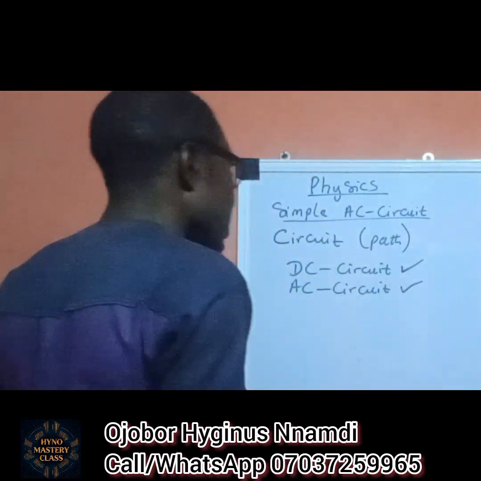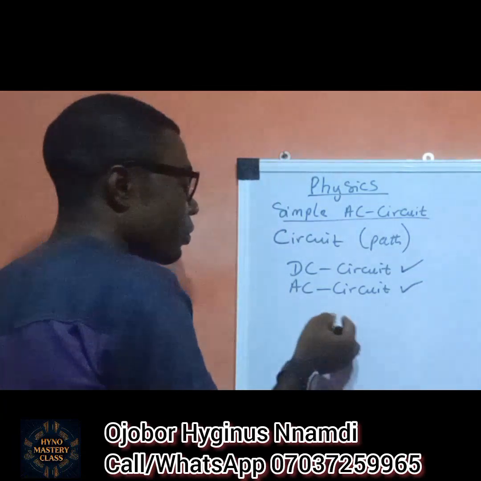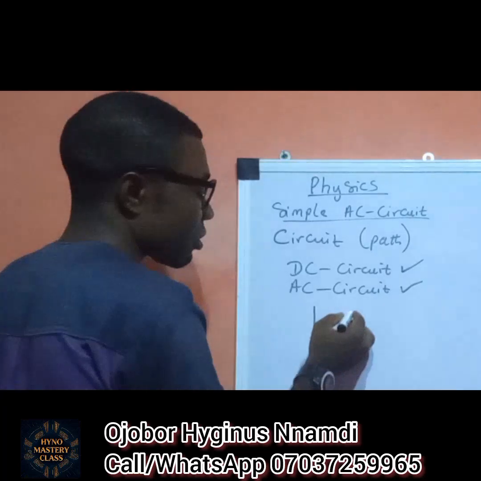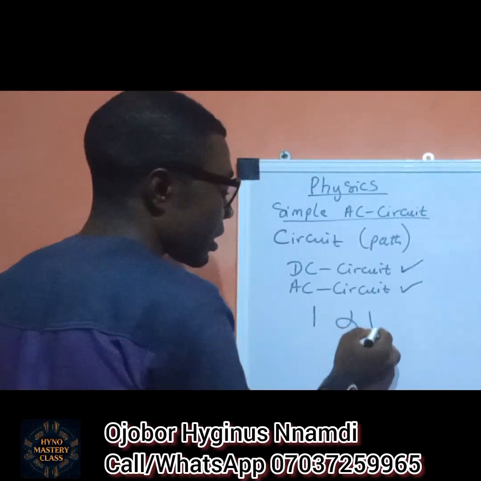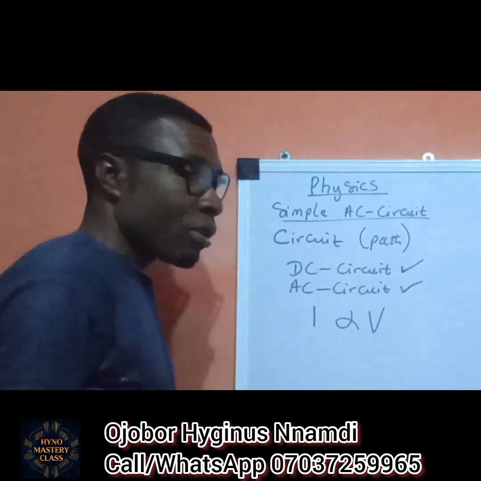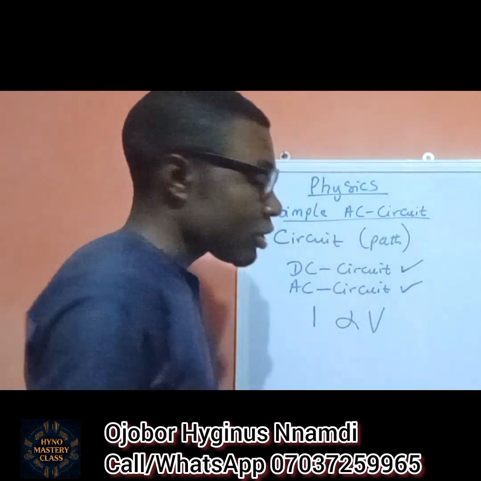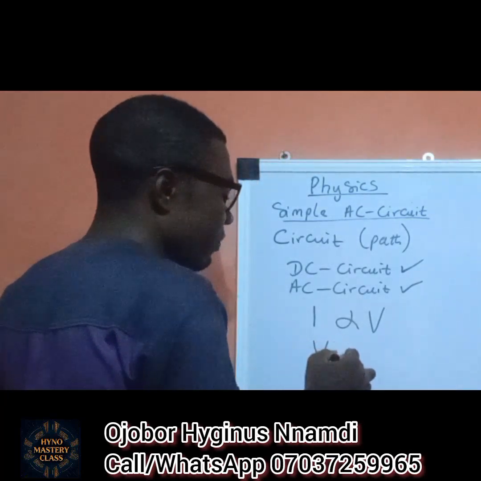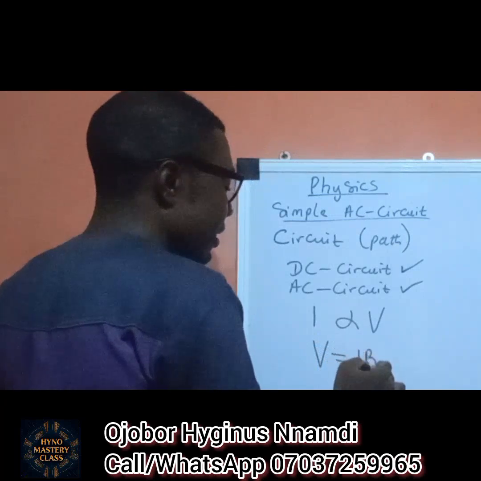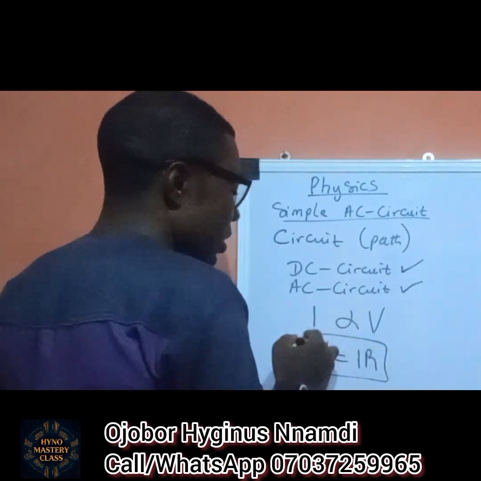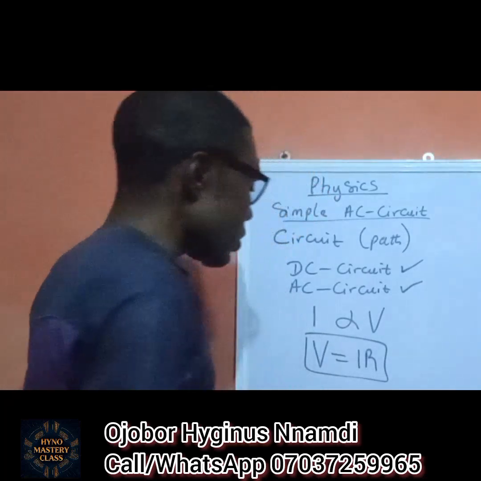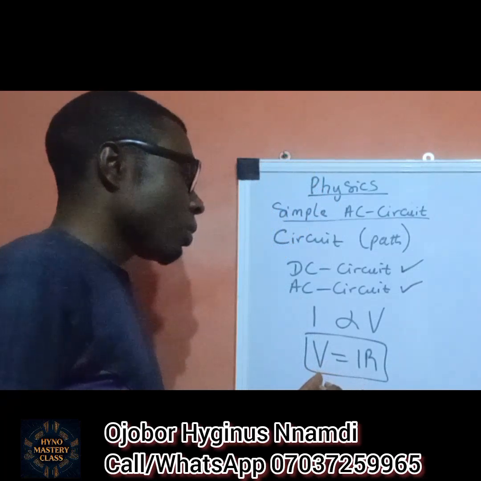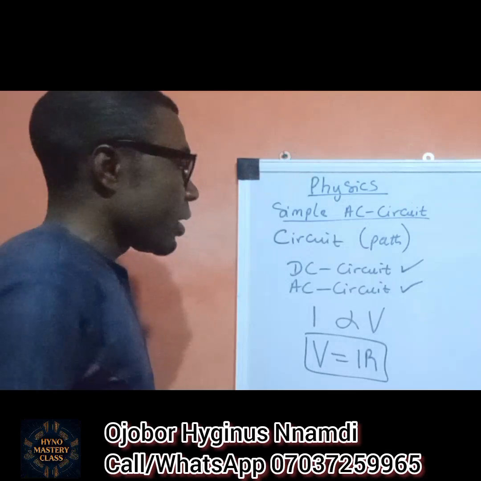You remember that in your Ohm's law, the relationship between voltage and current and resistance is that the current flowing through a metallic conductor is directly proportional to the potential difference between the two ends of that conductor, provided that temperature and every other condition is kept constant. And when we mathematically write it, we say that V is equal to IR, and that is a simple representation of Ohm's law. So this is going to help us a great deal to discuss AC circuit, even though it's not applicable in every instance.